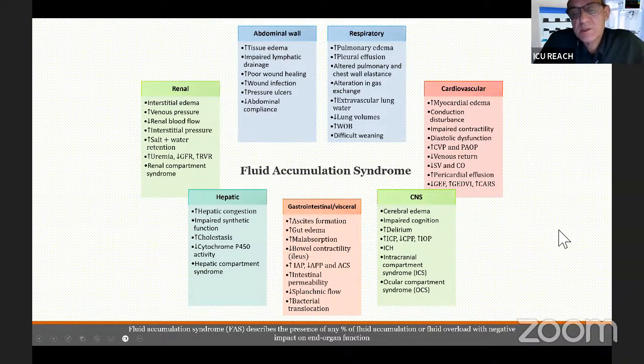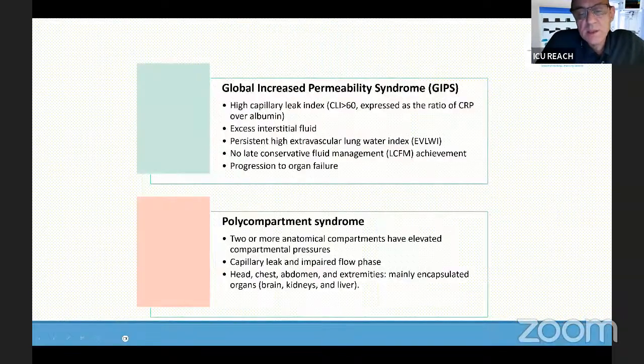There are two definitions also that may actually encounter the fluid accumulation syndrome that are important to know. The first one is global increased permeability syndrome, which is actually high capillary leak syndrome, defined based on the capillary leak index, which is expressed as a ratio of CRP over albumin. If it is more than 60, it may be correlating with this syndrome.